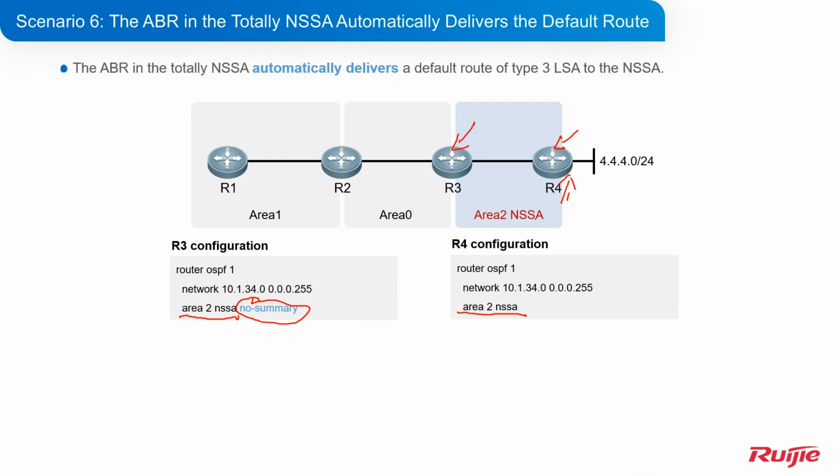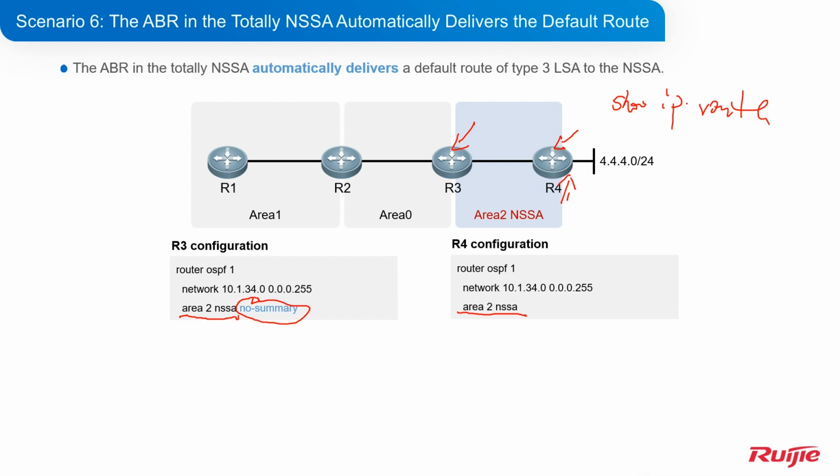This route comes from the NSSA area, and we can see it's Type 3 LSA information. It will generate the default routing entry, and we can use show ip route to see this entry. So this is how the totally NSSA area delivers the default route.